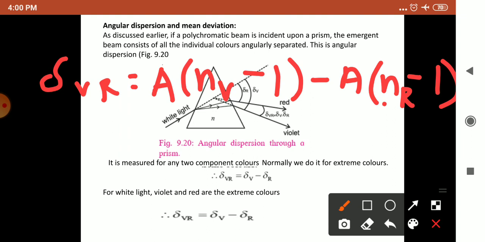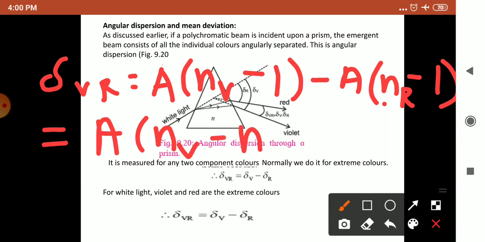This NR is the refractive index of red color. This becomes A into NV minus NR.